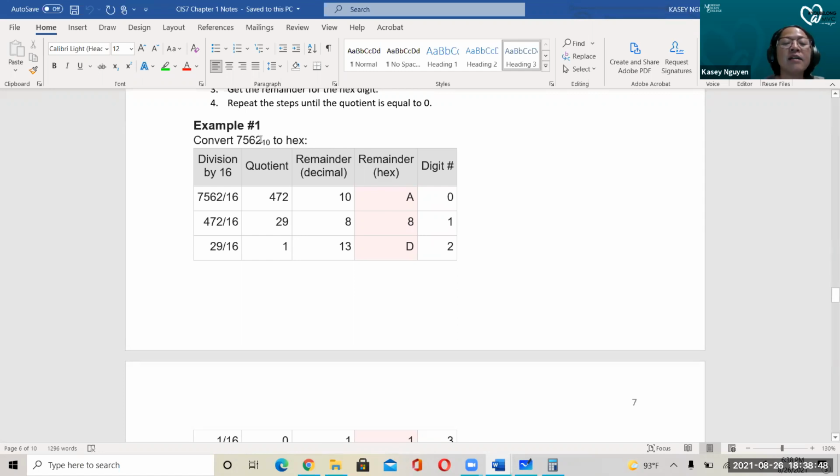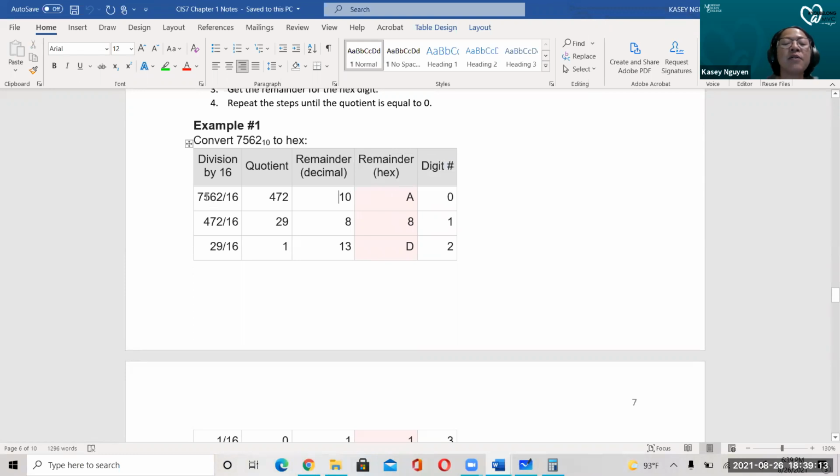You would start just like what you did with the binary. You would start with the decimal and divide it by 16. You would get a quotient, but I want you to keep the remainder noted because that's going to be your result value.